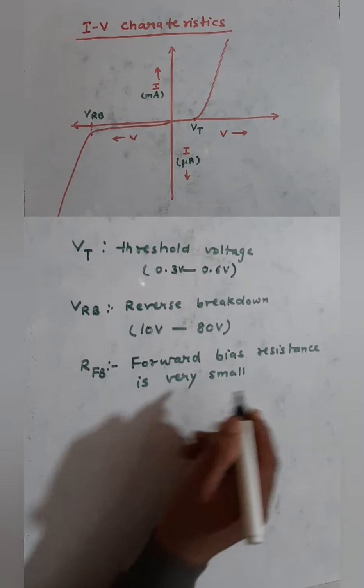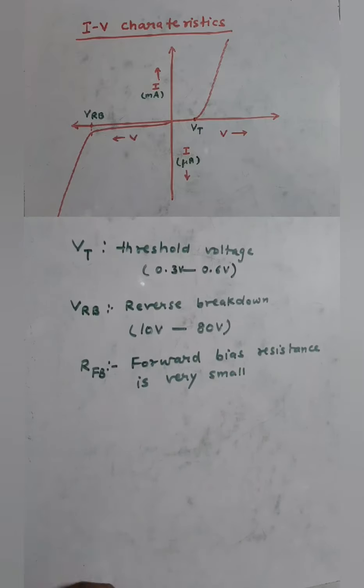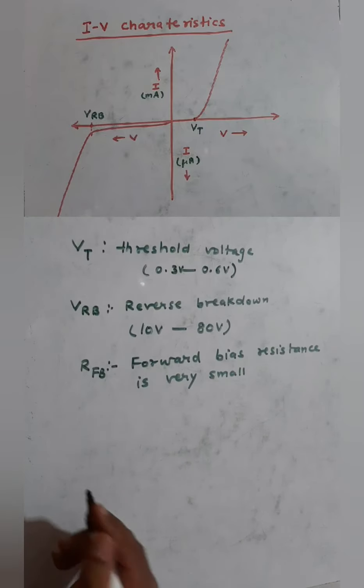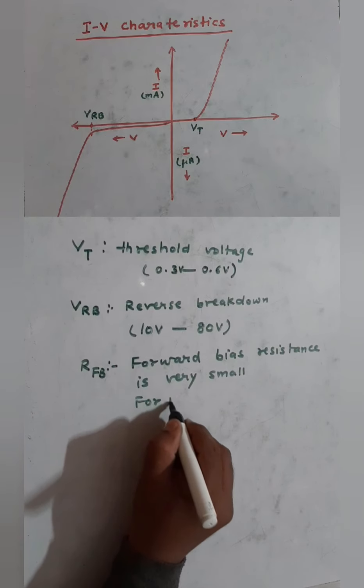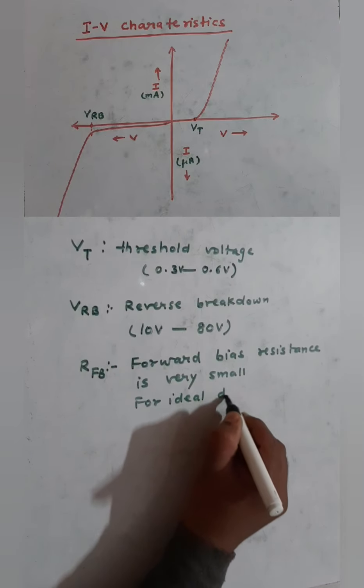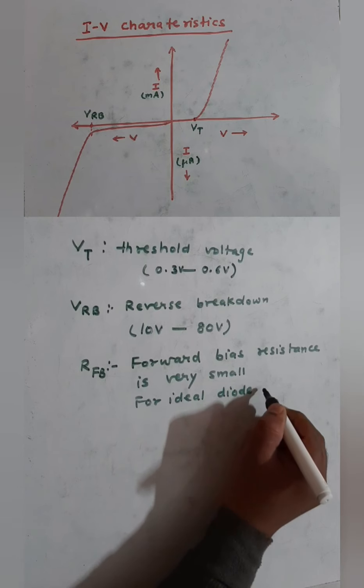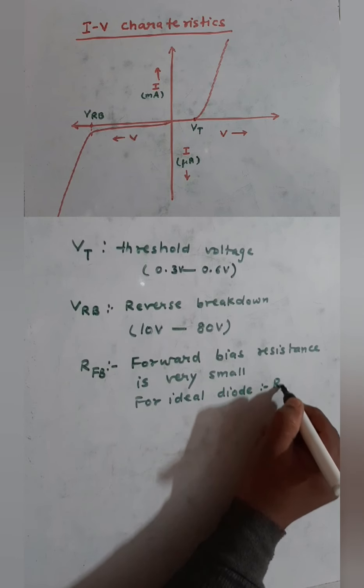Generally it is around 0.2, 0.5 like this, and for an ideal diode the forward bias resistance is 0.